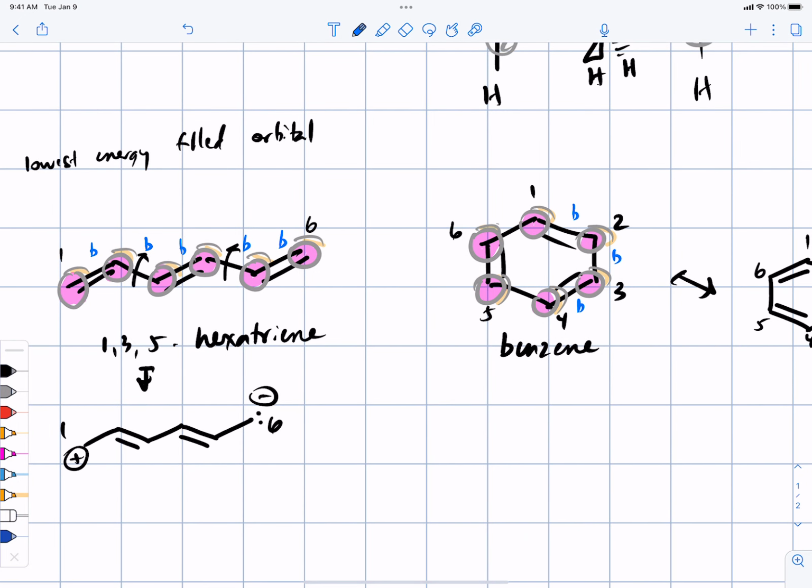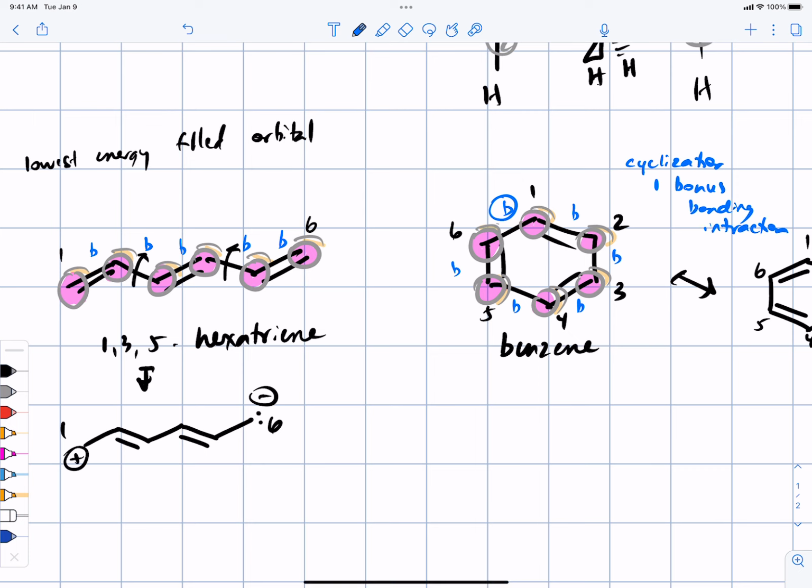6. Cyclizing that contiguous array of p orbitals allows you to pick up one new bonding interaction. So one extra cyclization of the conjugated system gets you one bonus bonding interaction.